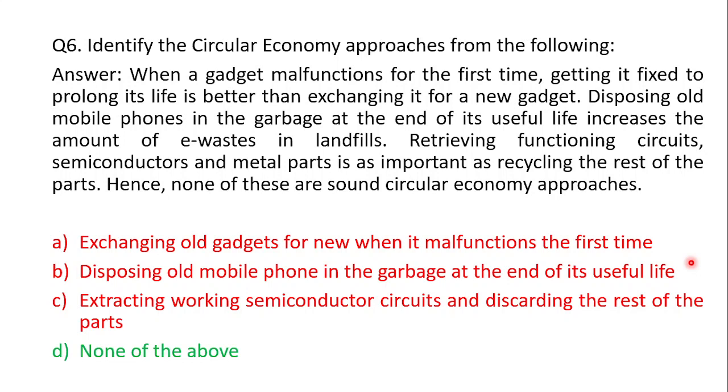You won't just exchange it for a new one, because a mobile phone is expensive and you can't afford to do that. But even for any appliance or gadget, when it malfunctions, it has to be repaired. We should not discard it and buy a new gadget.